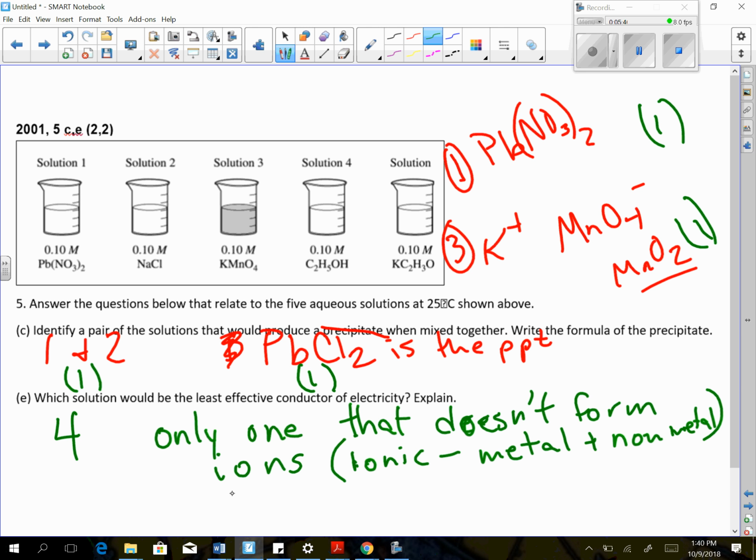Solution number 4 is the only one that's completely covalent. And that one is actually ethanol.